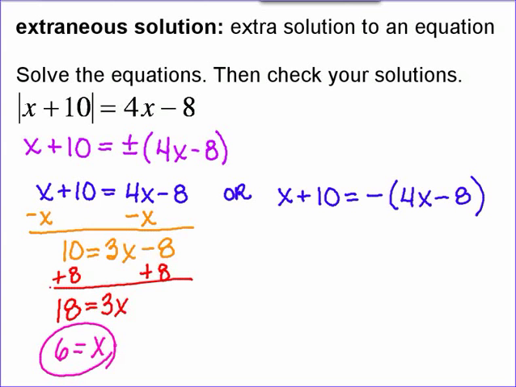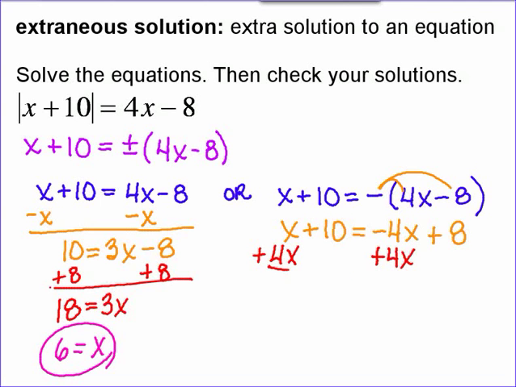Now we got to do the same thing over here. This one's different though because I'm going to distribute that negative to each term. So really I get x plus 10 to equal negative 4x plus 8. I'm going to go ahead and add 4x to both sides here. The reason why I'm moving them to the left is so that my x will stay positive.